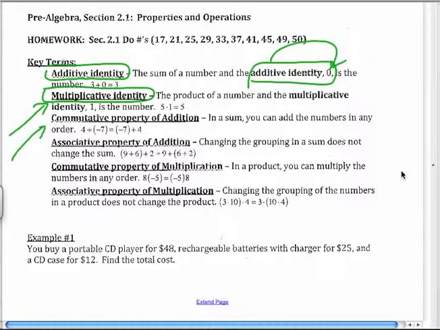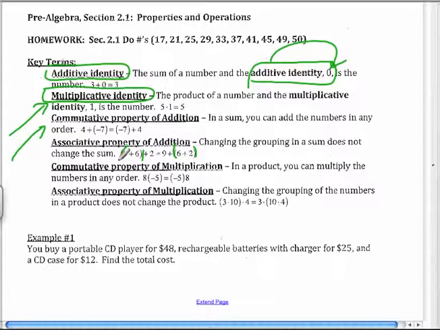Okay, guys, I'm sorry, we were saying about the associative property. We can group these things in any order, and regardless of the order that we do them in, we're still going to get the same thing. These properties apply to multiplication as well, multiplication and addition. If I can multiply numbers in any order, I still get the same thing. Okay? I can group them and do them in any order, and I still get the same thing.